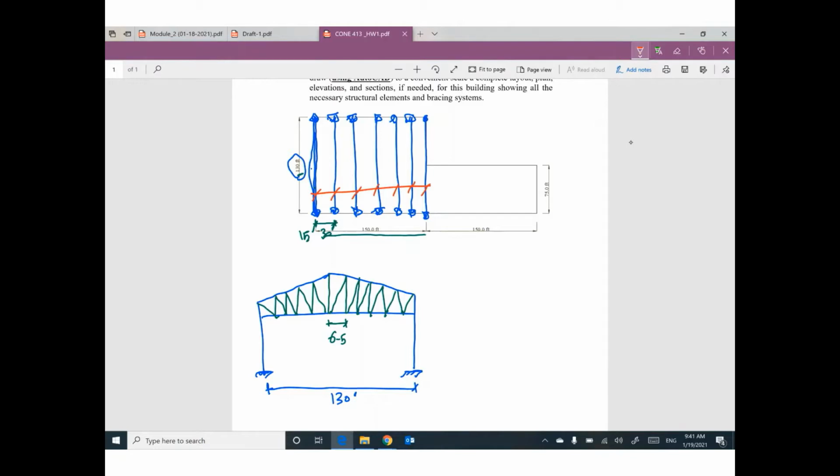Then I will use another truss spanning from this side to this side, like this. Another truss with 2 columns on the 2 edges of the area of land, like this.